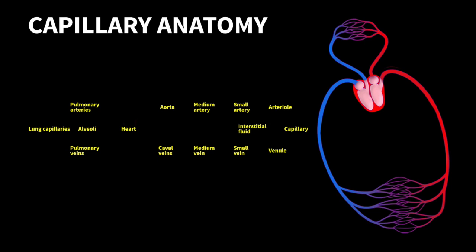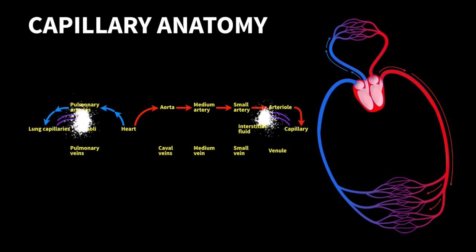In summary, the modifications of the vessel pattern that account for capillary structure allow these small vessels to be well suited for their function as the exchange vessels of the circulatory system. These small 5 to 10 micrometer tubes, numbering approximately 20 billion, form an extensive network of short, branched, interconnecting vessels that course among and make contact with the individual cells of the body to provide them with fuel and remove metabolic wastes.